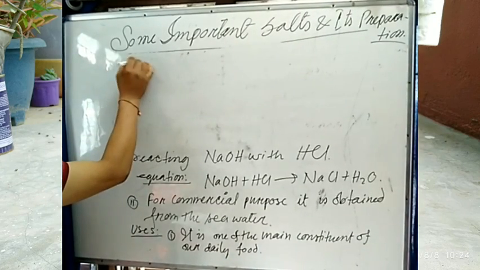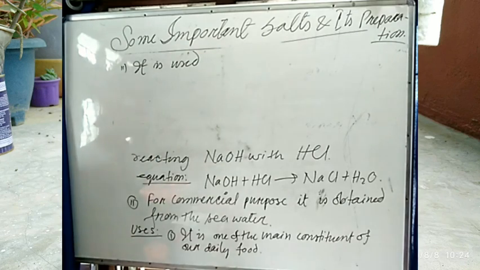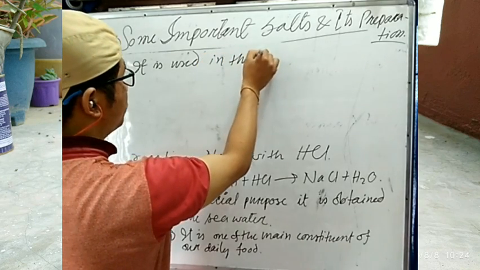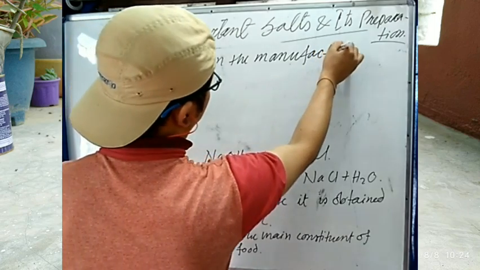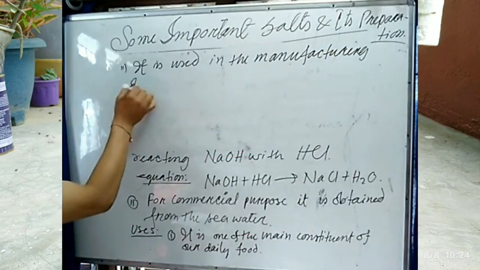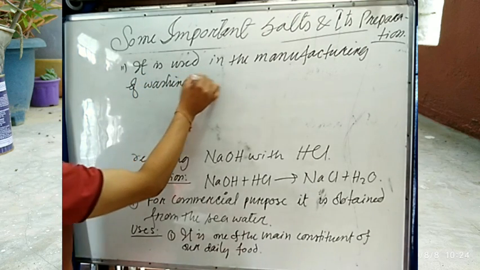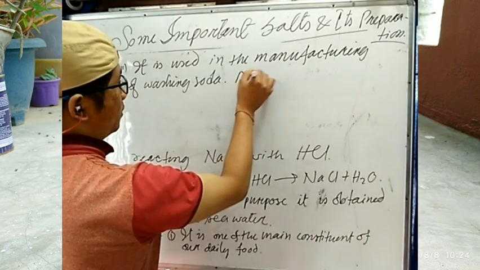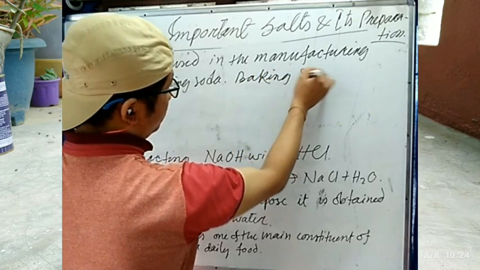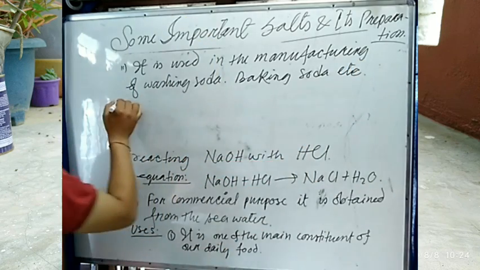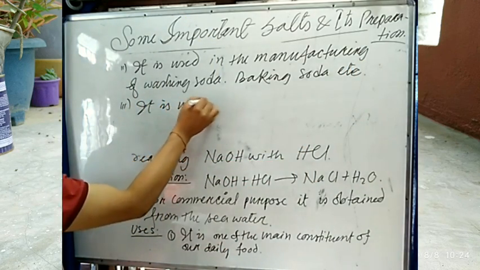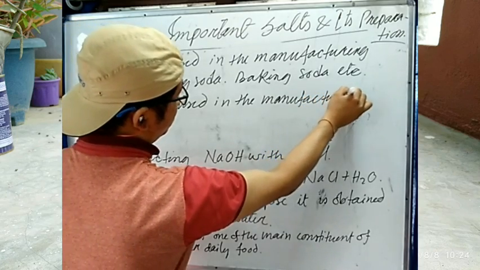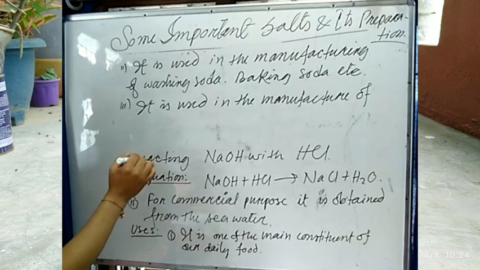Number two, it is used in the manufacturing of washing soda, or also you can say baking soda, etc. And number three, it is used in the manufacture of caustic soda.